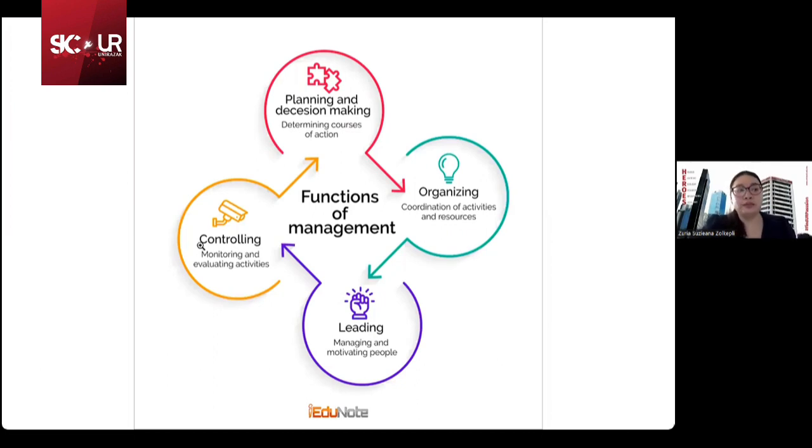So if you are an individual who does all these functions in your daily work, then you are actually a person involved in managing the company, managing the organization.